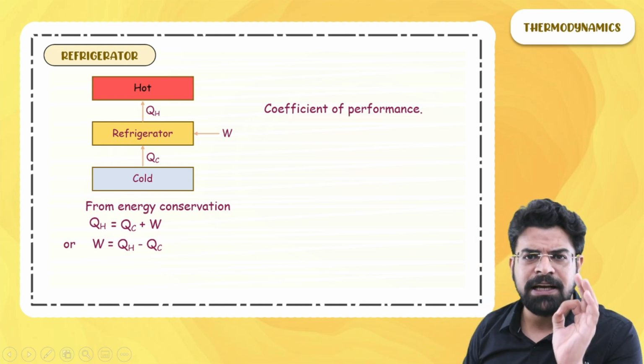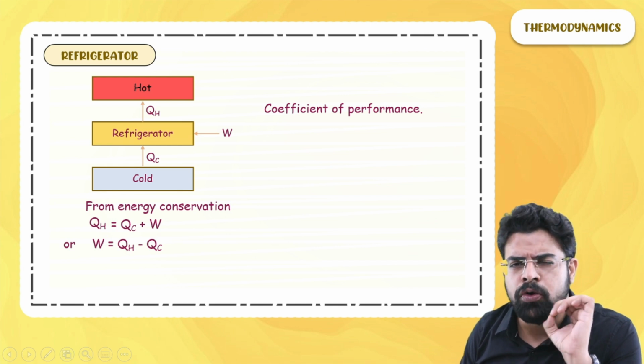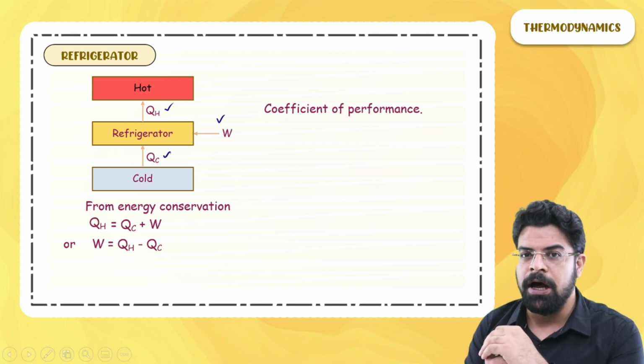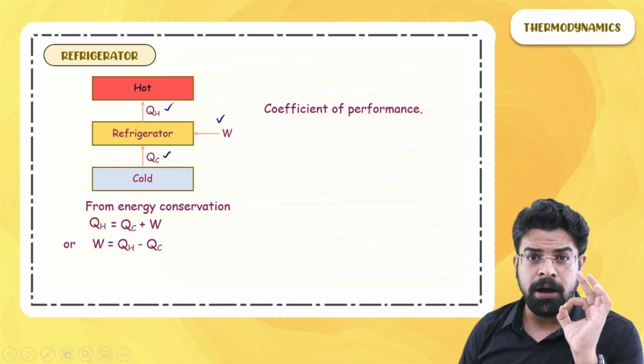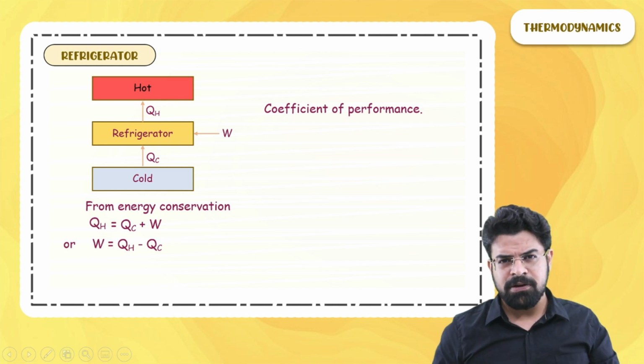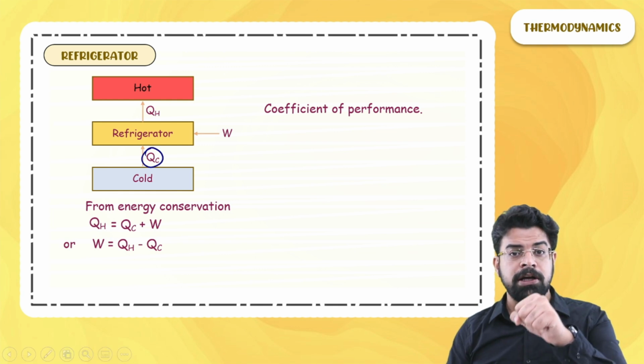If you are designing a refrigerator and you want this refrigerator to be super duper awesome, out of these three, which one would you like to be large? A super duper refrigerator has which quantity large? So sir, a refrigerator will be super duper awesome when it can extract a lot of heat from the already cold object.